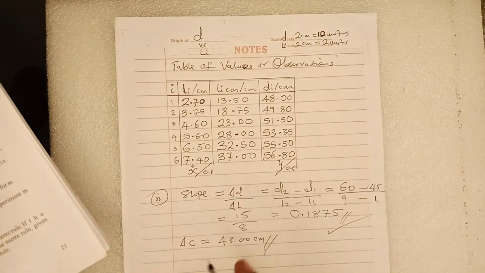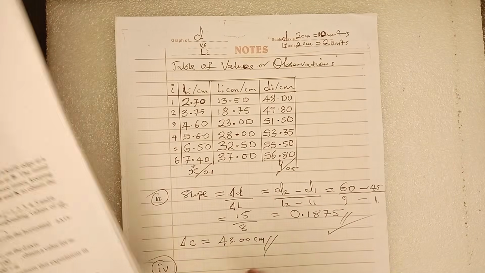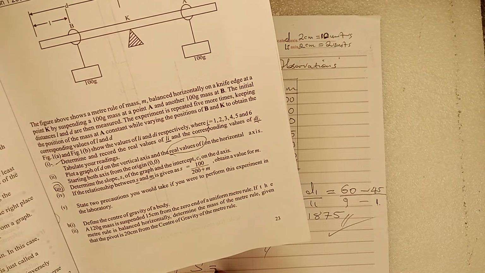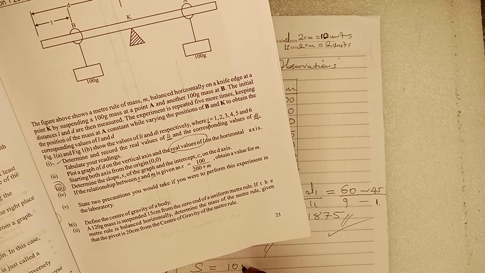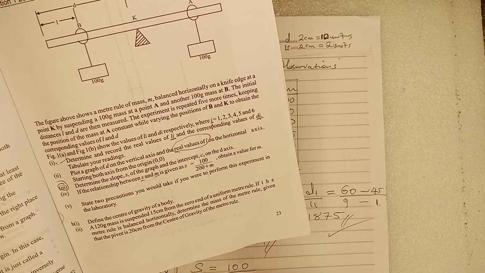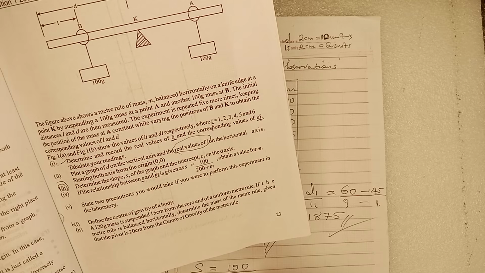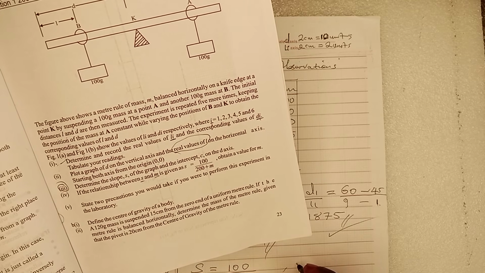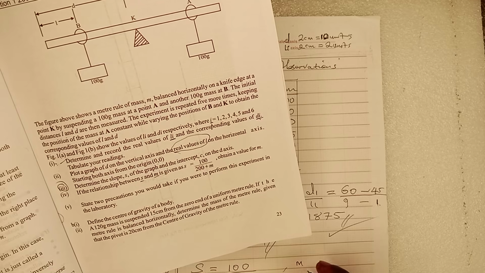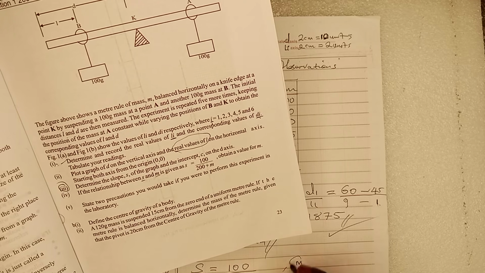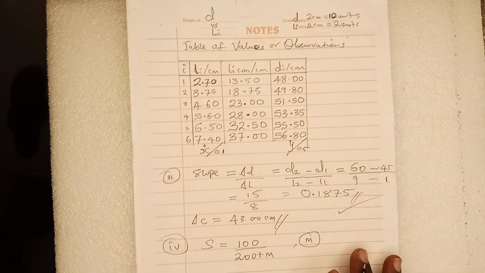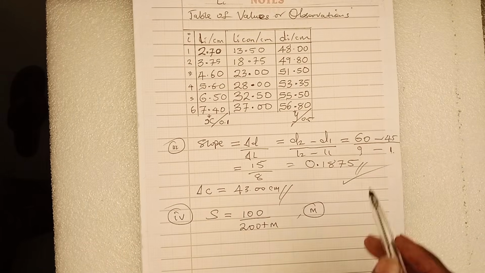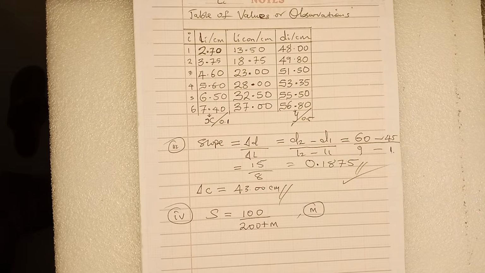The next question they ask us to calculate, that is question IV, is that if S is given to be 100 divided by 200 plus M, you should find M. You should obtain a value for M. If this is equal to this, what we're going to do here is just transfer this value to this place.